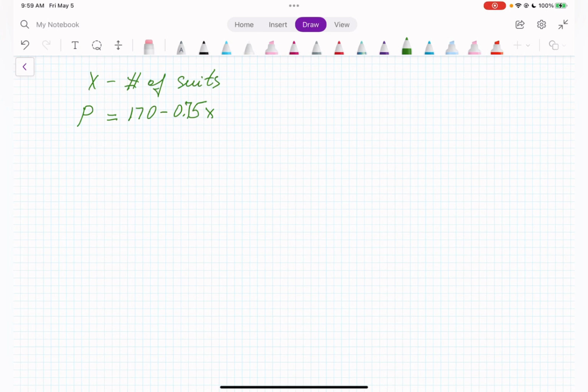And the total cost is equal to 5,000 plus 0.5x squared.